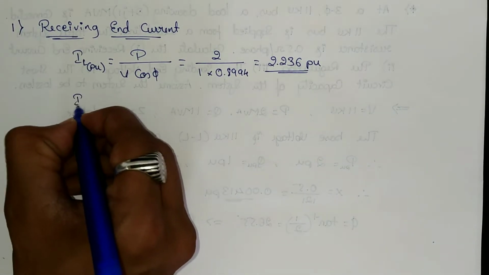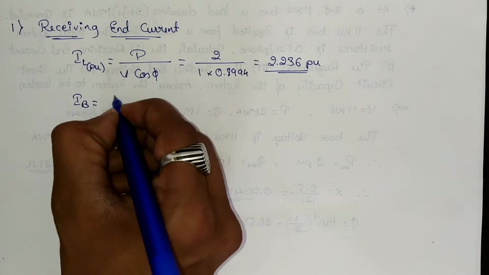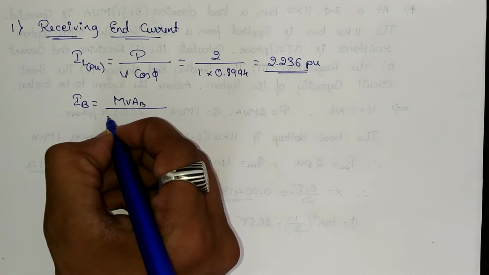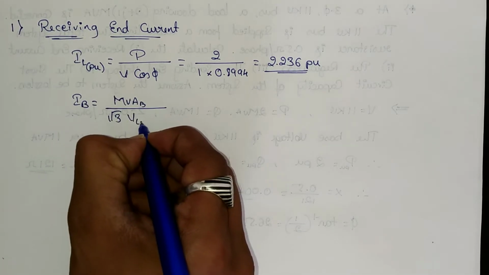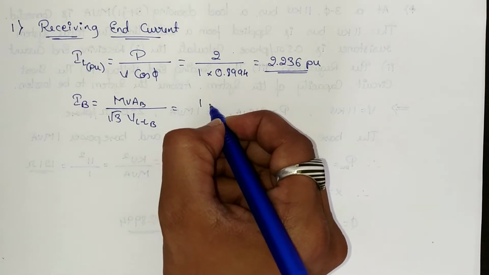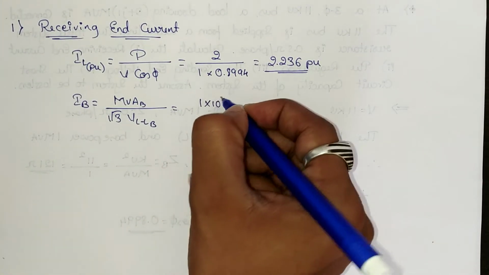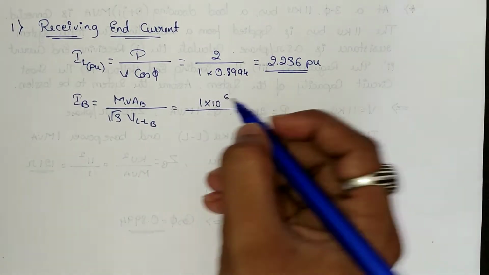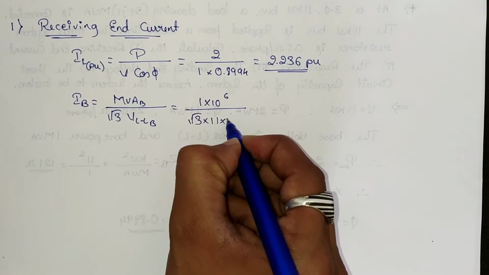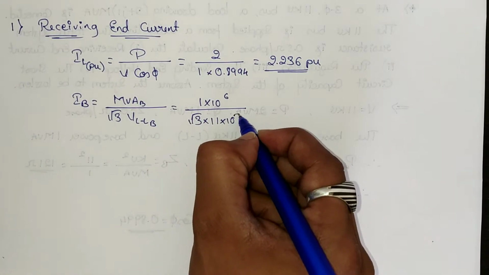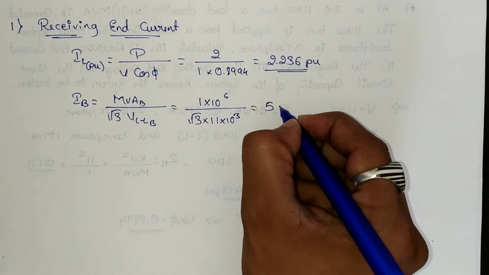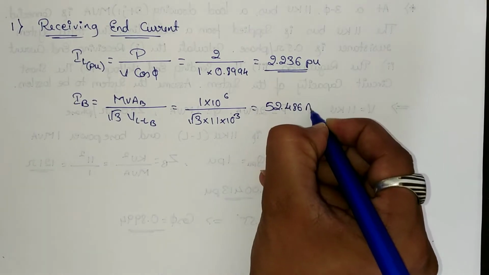And the value of I base is MVA base divided by root 3 into V line to line base. The MVA base is 1 into 10 raised to 6 divided by root 3 into 11 into 10 raised to 3, which is equal to 52.486 amps.